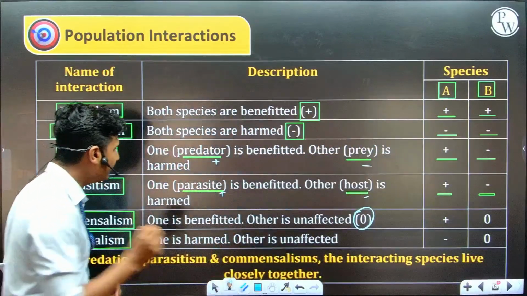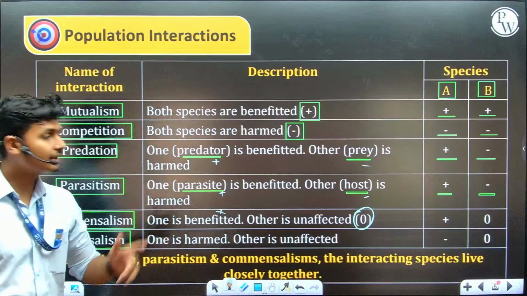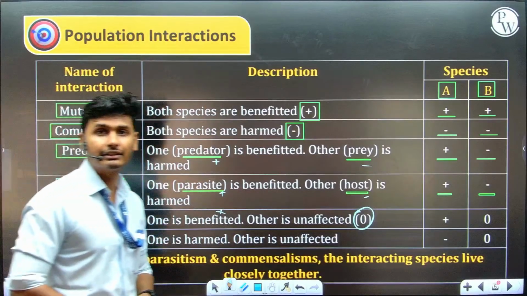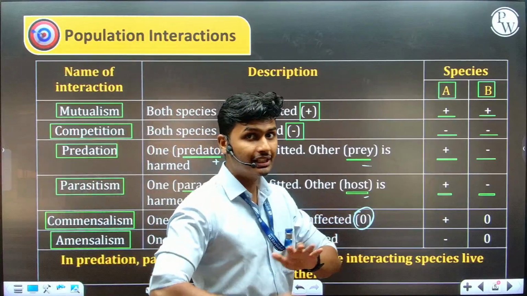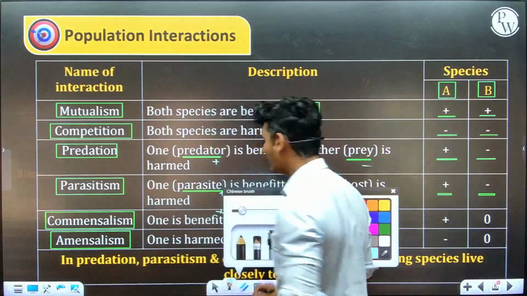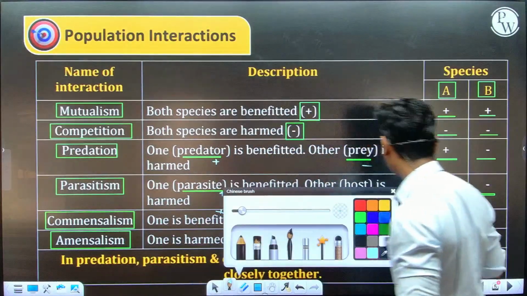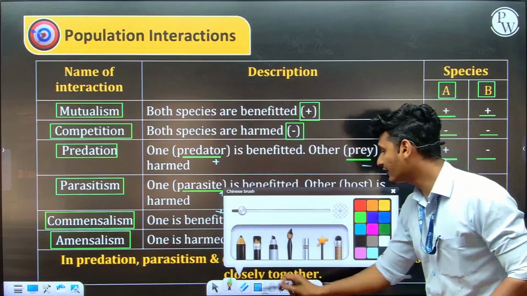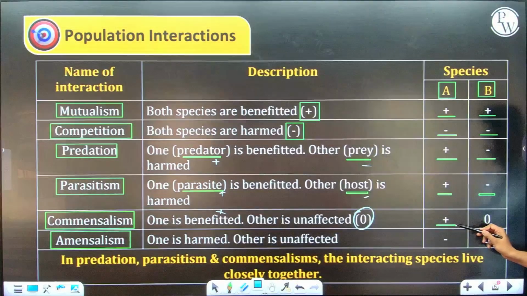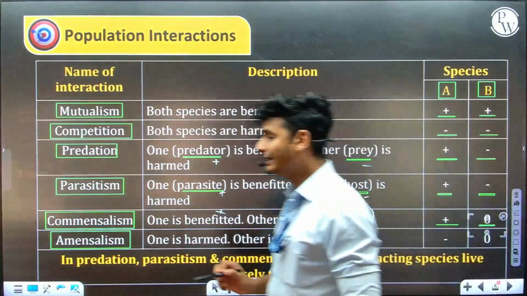One is benefited, that is a positive sign, and another one is neutral. There is no benefit, there is no loss. This kind of relationship is known as commensalism, and the symbols for commensalism are positive and 0 for neutral.